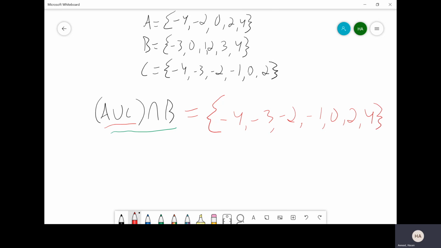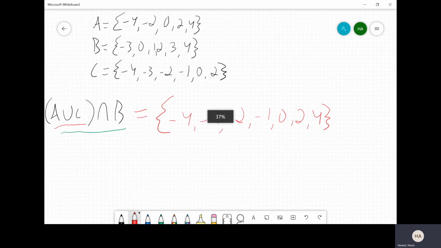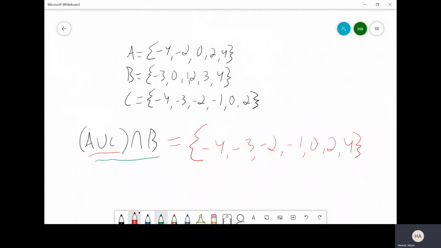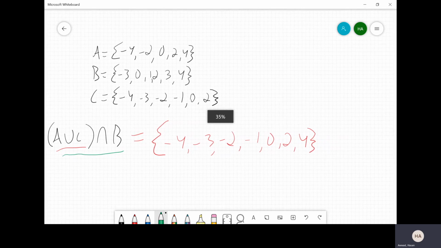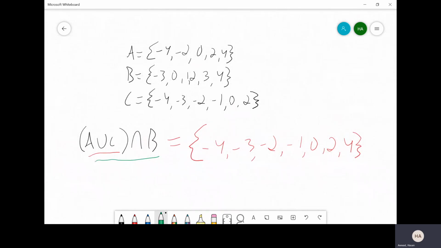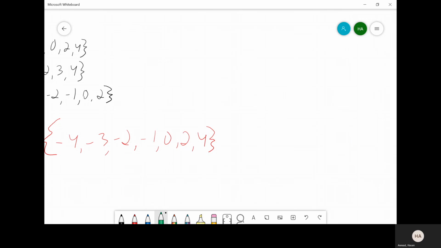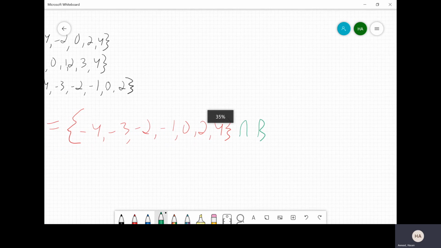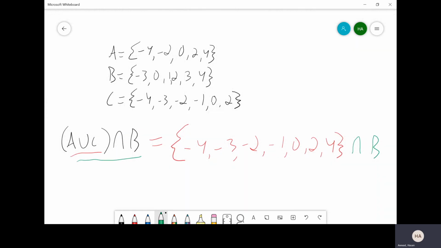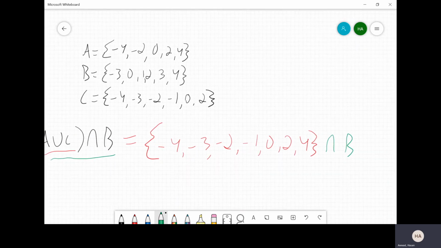Okay, and now the idea is we have this new set, and we are now going to intersect it with set B, which means we're going to take the elements that we have in this new set in red, and we're going to intersect it with set B, and set B found above is -3, 0, 1, 2, 3, and 4, right?